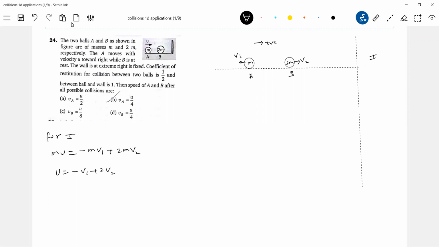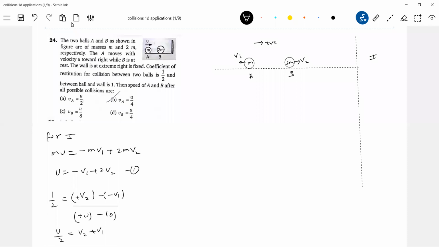So coefficient of restitution is how much? Directly I'm writing it: 1/2 equals v2 plus v1 by u minus 0.